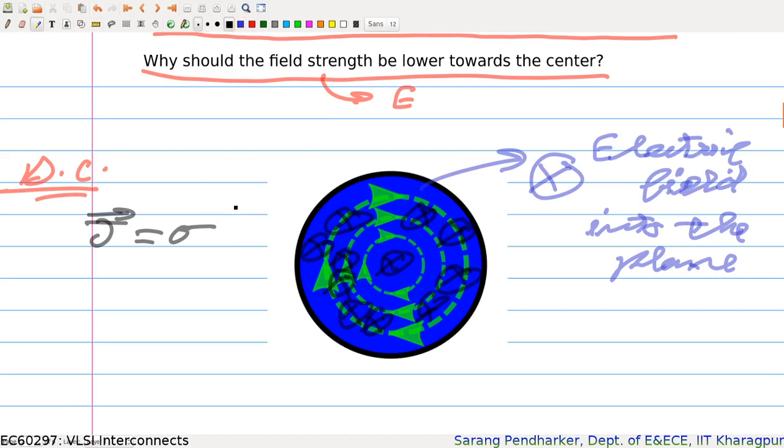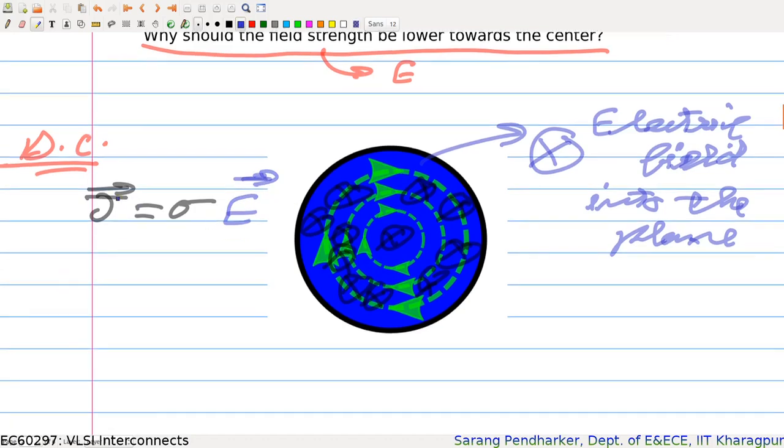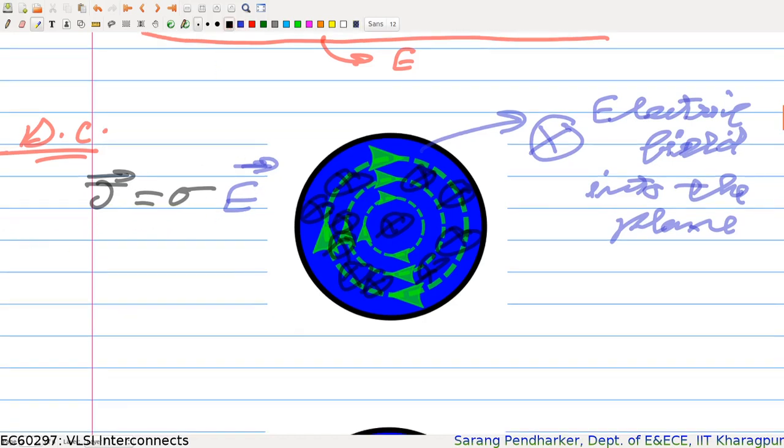Let me try to follow a color convention. So this is my E, my applied electric field. Now since there is a current which is flowing into this, there would also be a magnetic field induced. Why?